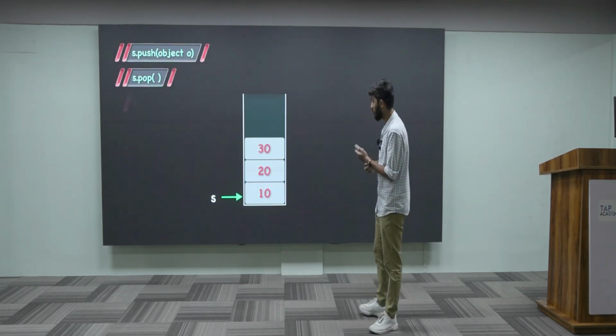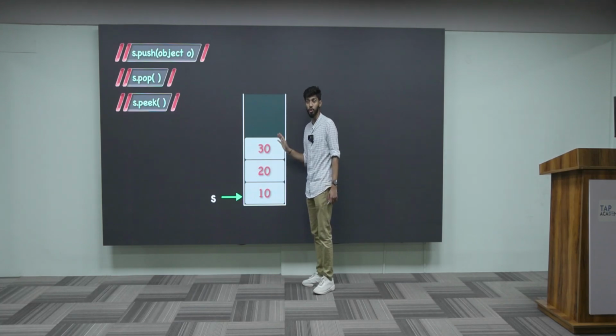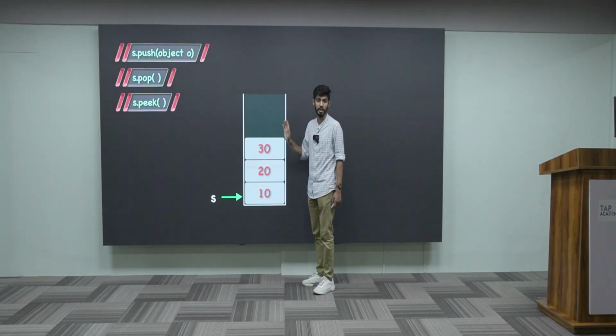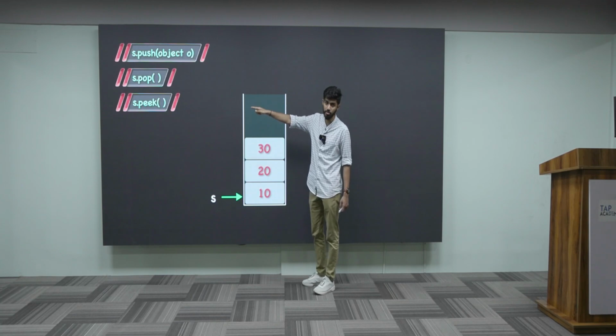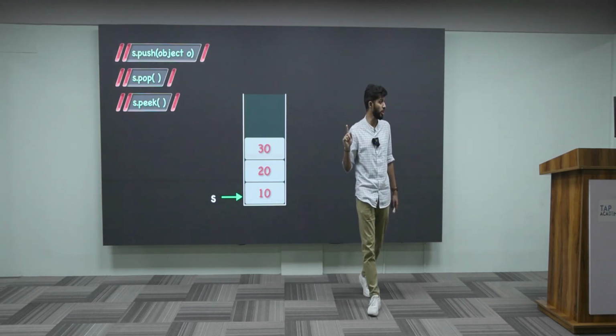Next, for example, I want to know what is on the top of the stack, but I don't want to remove that element. In that case, I can say peek. The peek method tells what is on the top of the stack, but it will not remove the element.